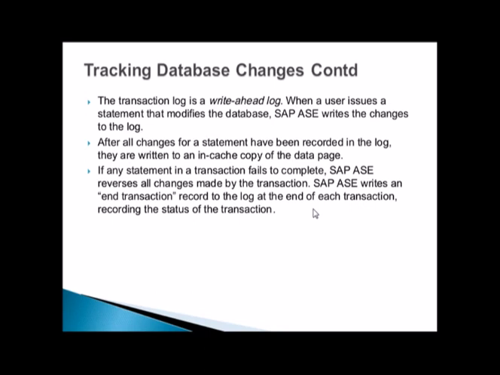After all the changes for a statement have been recorded in the log, they are written in the in-cache copy of the database. Interesting. So first the logs are written and then they are written in the in-cache copy of the database, the actual data. If any statement in the transaction fails to complete, SAP ASE reverses all changes, that is rollback, made by the transaction.